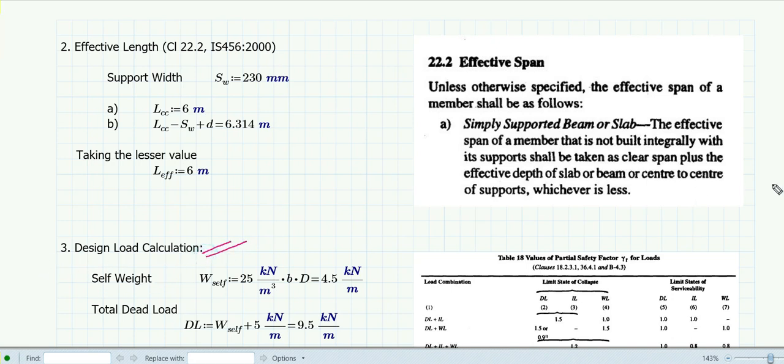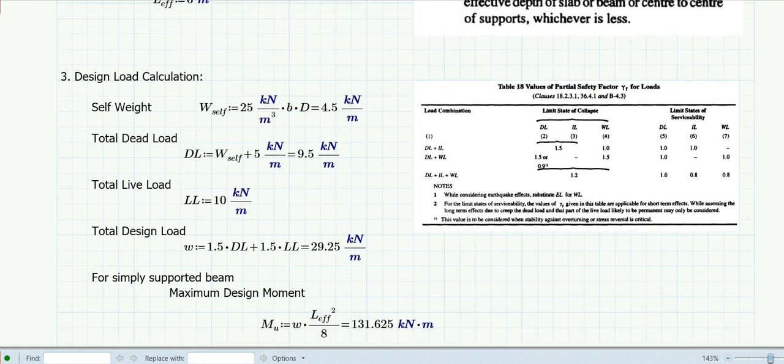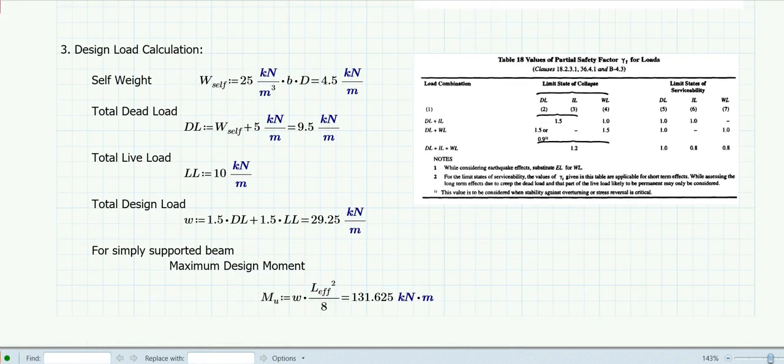Now we will go for design calculations, because we now have the effective length as well as the dimensions of the beam. So we can go for calculation of the self weight. You already know the density of concrete, 25 kilonewton per meter cube, times B, that is the width, times the overall depth.